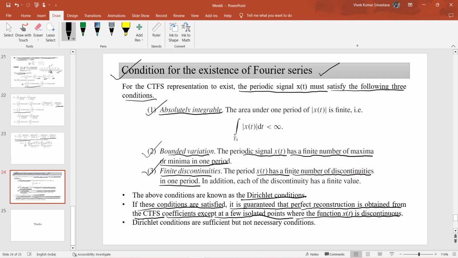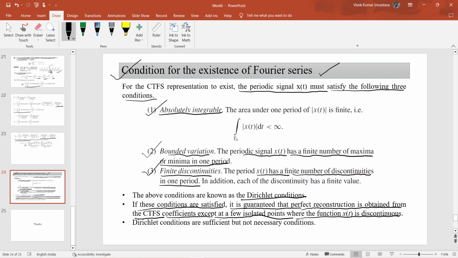So if x(t) satisfies all these three conditions and the Fourier series exists, then we can also reconstruct the signal. If these conditions are not satisfied, we cannot perfectly reconstruct the signal from its Fourier series. That's why these conditions are very important.